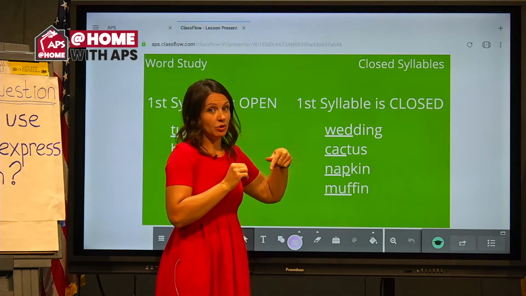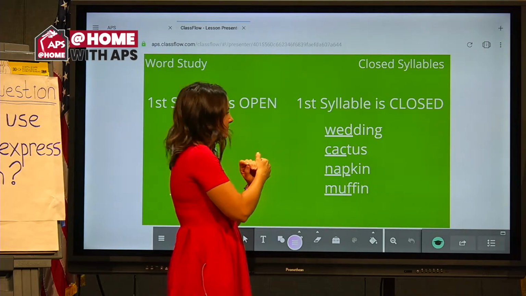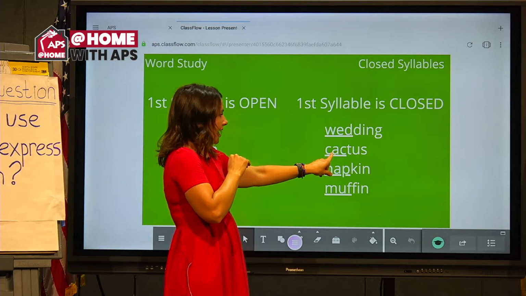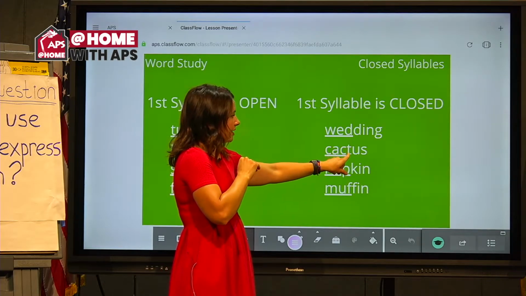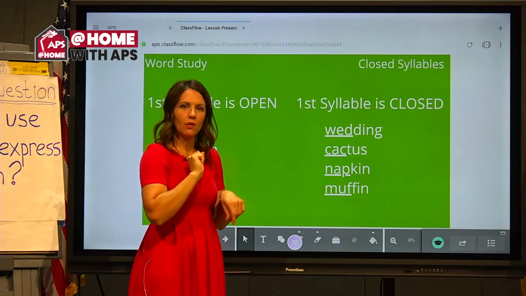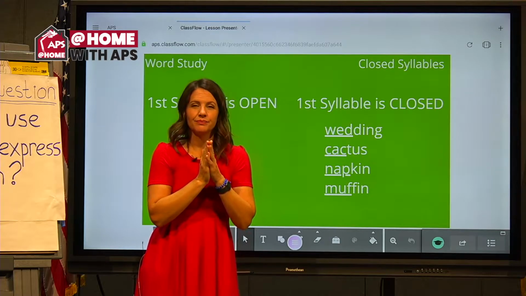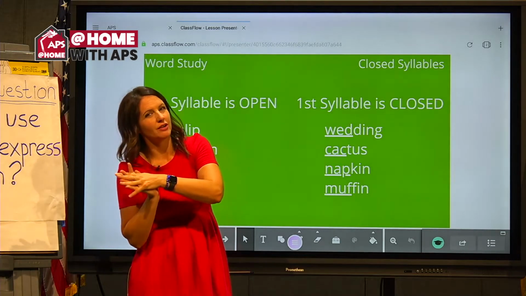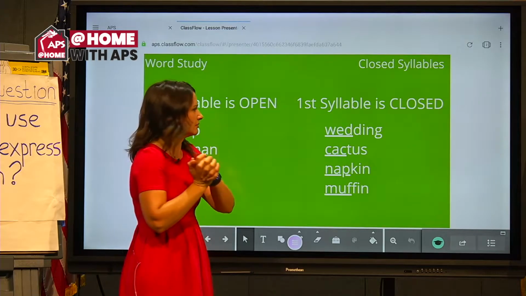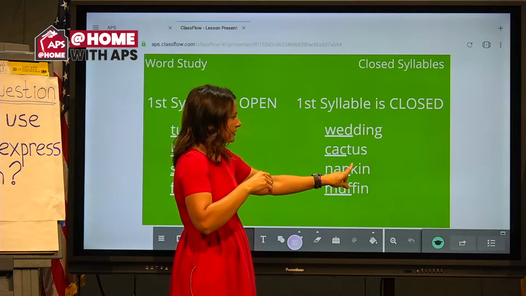This one has a double D. In the word cactus, A, consonant, consonant, U. Vowel, consonant, consonant, vowel. When you have two consonants in the middle of a word, it makes that first vowel sound short. It's true. Napkin, there's a vowel, consonant, consonant, vowel.